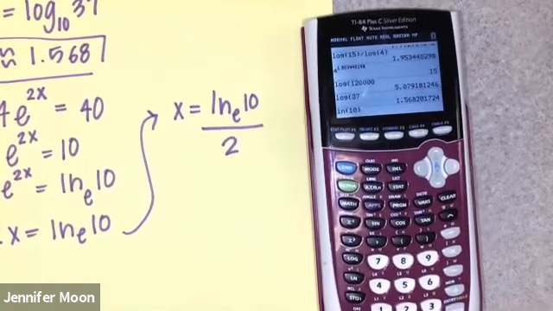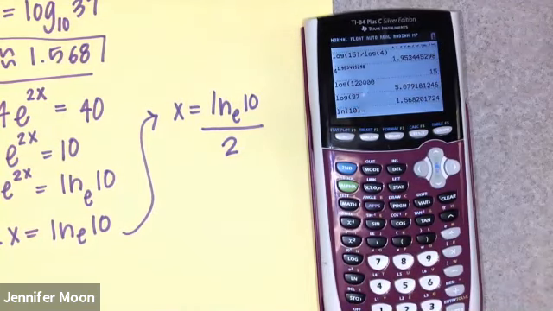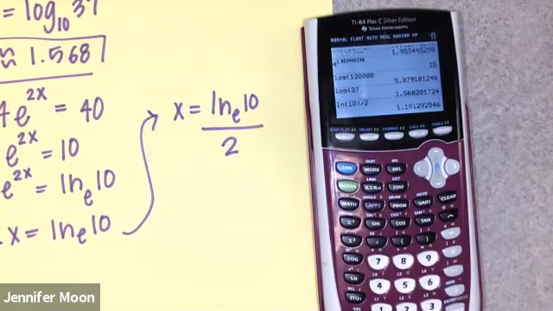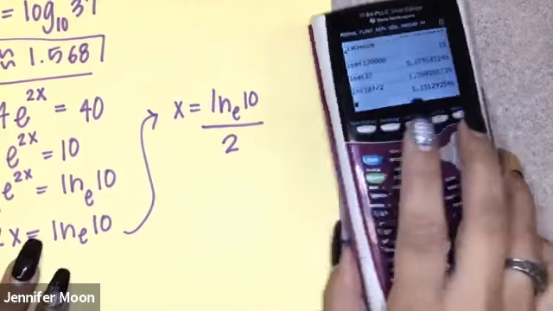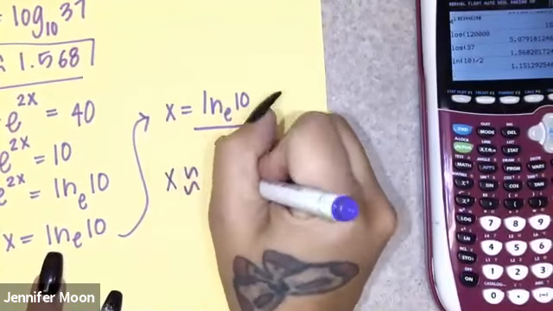If you don't close it and you just do the division symbol and then 2, it's actually going to do 10 minus 2, and now you're taking the natural log of 5. Do you see what I'm saying? So make sure you close it so you separate numerator and denominator. Then divided by the number 2, I get 1.15129. Rounding it, we get 1.151. This is saying that my x is approximately 1.151.